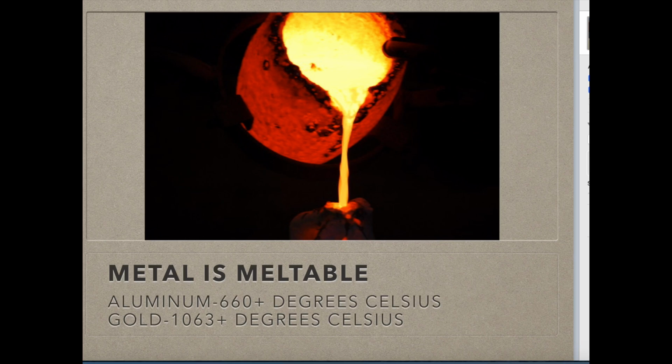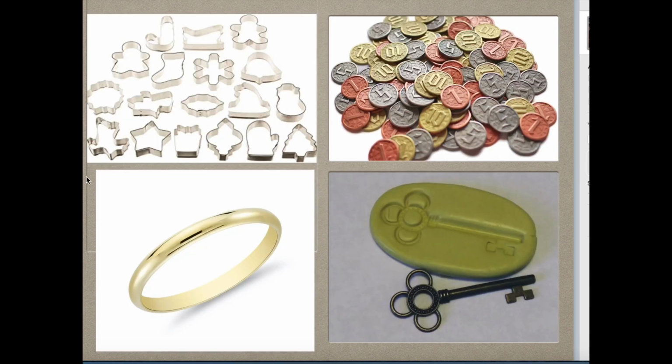But gold, another kind of metal, needs to heat up to over 1,000 degrees Celsius to melt. Okay, but once again, once you get metal in its liquid form, you can put it in a mold and it can harden into solid shapes of your choice. So some examples, we have metal cookie cutters, coins, keys, jewelry.